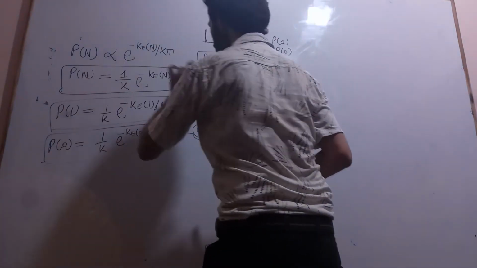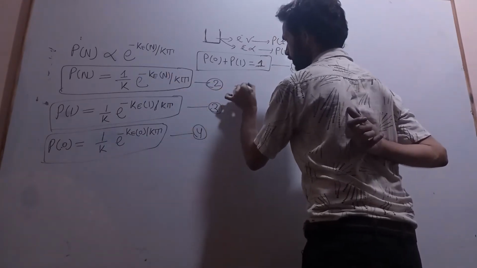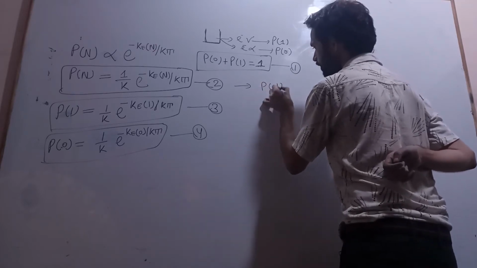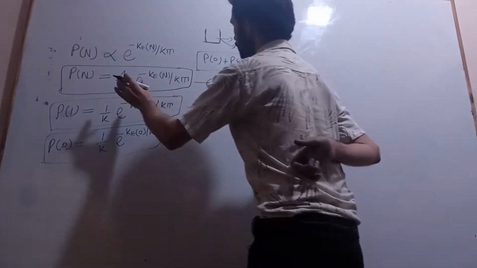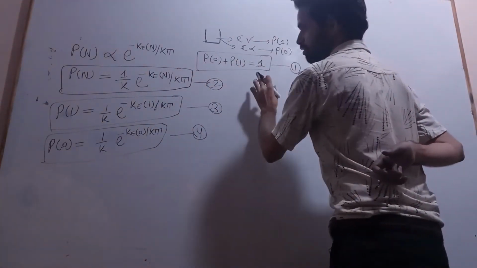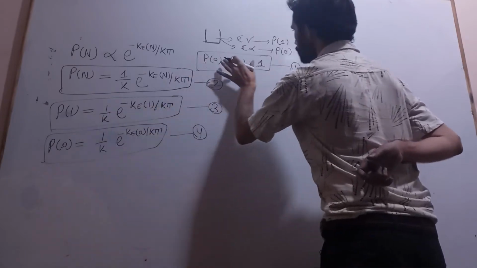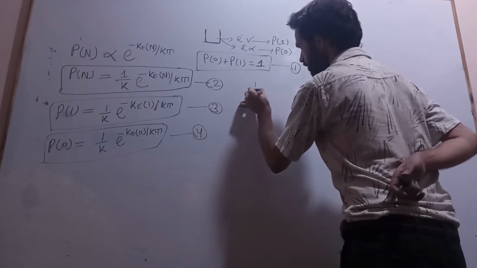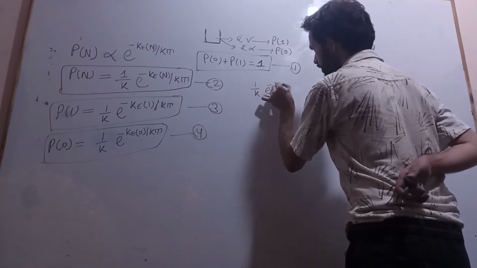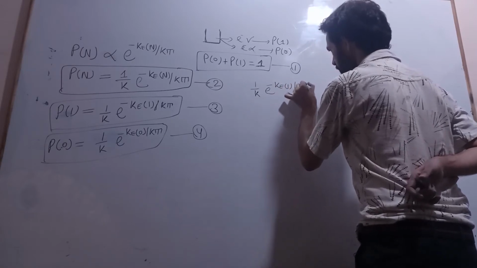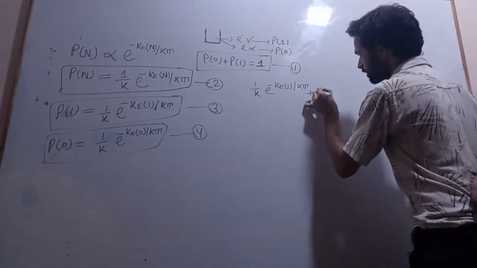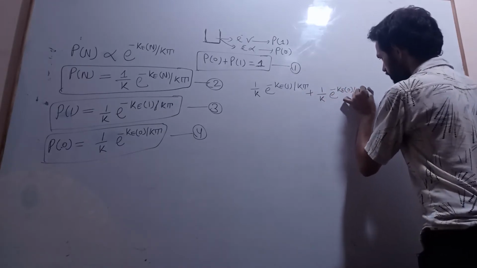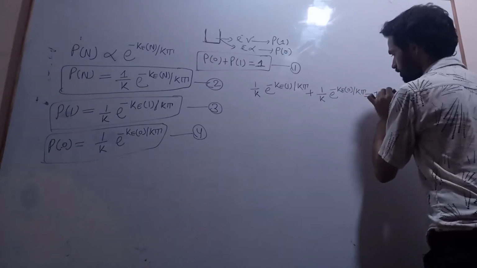Now let us see from equation number 1, equation number 2. P of n, first see p of 0 and p of 1. Putting these values into equation number 1, we will get p of 1 plus p of 0 equal to 1 by k e to the power minus ke of 1 divided by kt plus 1 by k e to the power minus ke of 0 by kt is equal to 1.